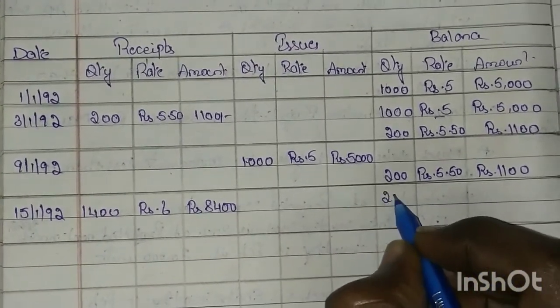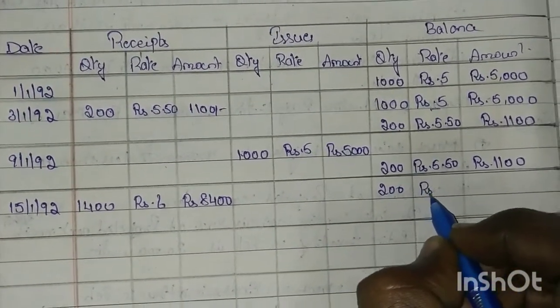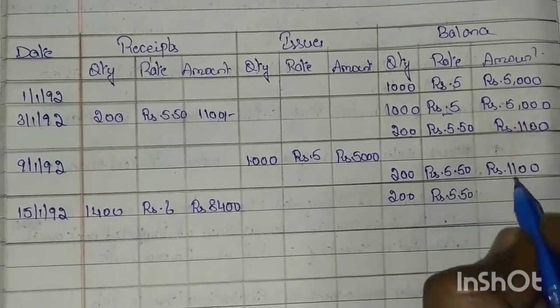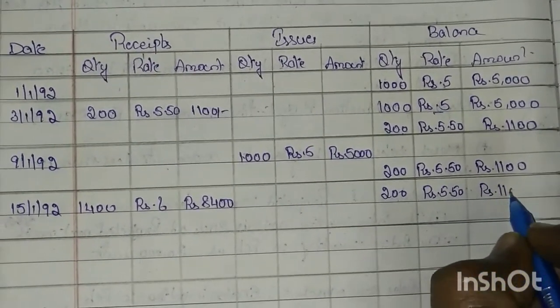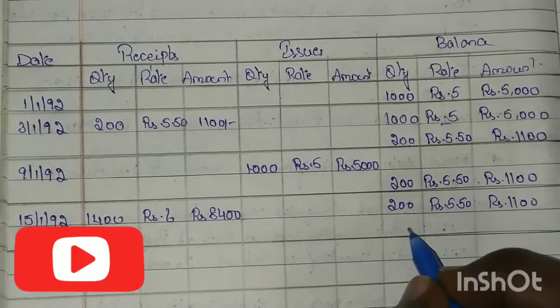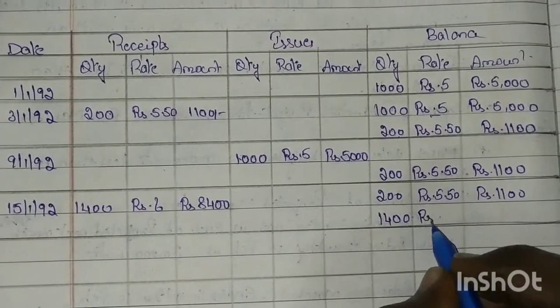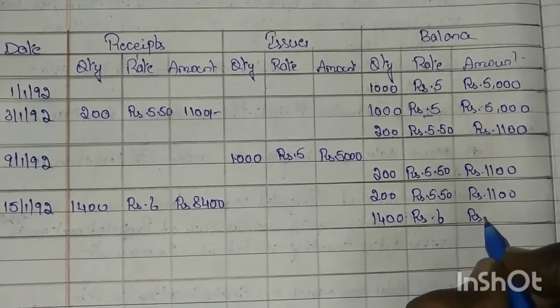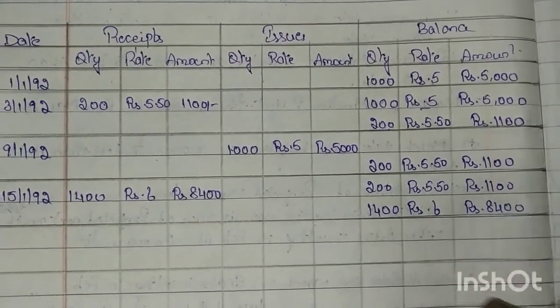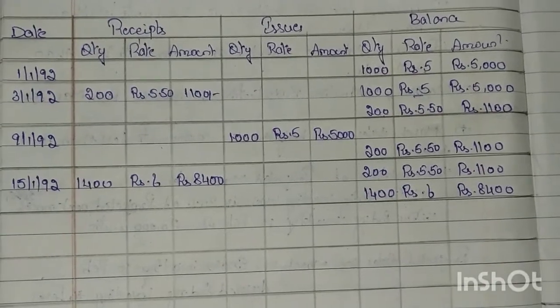First write the previous balance 200, rupees 5.50, total amount rupees 1100. Now write the newly purchased balance 1400 units, rupees 6, and the amount is rupees 8400. So this is how we'll write the balance.